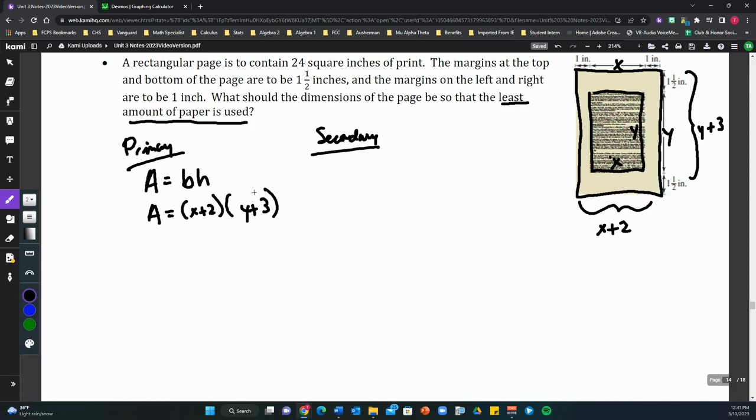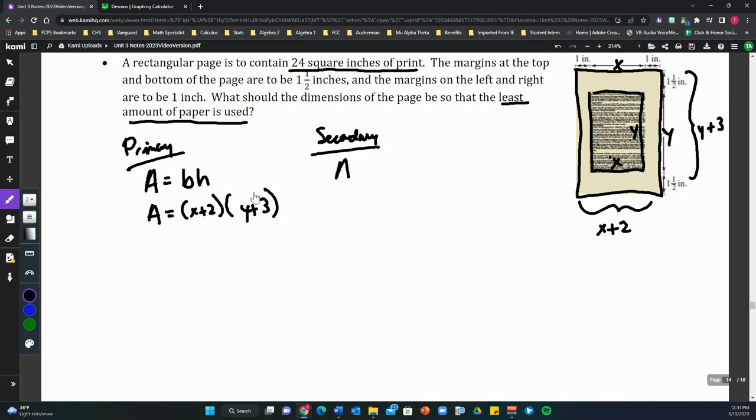That's where the inner area comes into play. For the rectangular page, we know it's supposed to have 24 square inches of print. We don't care exactly what the dimensions of the inside are. We just need to find what they would need to be so that the borders and everything minimize the amount of paper.